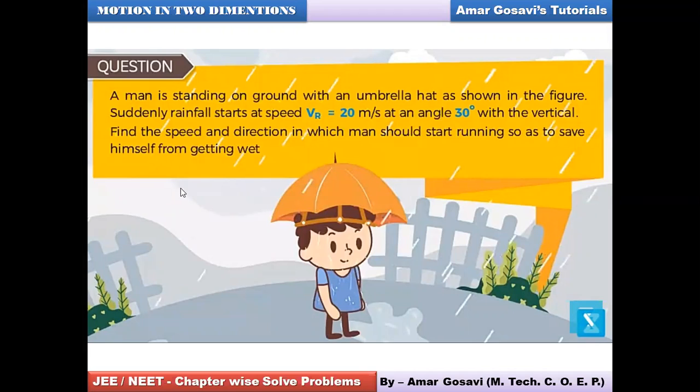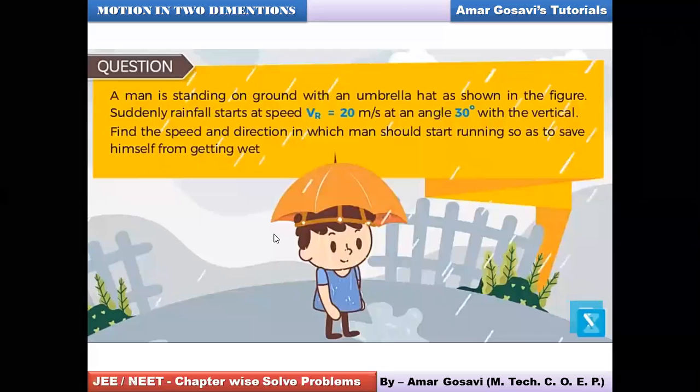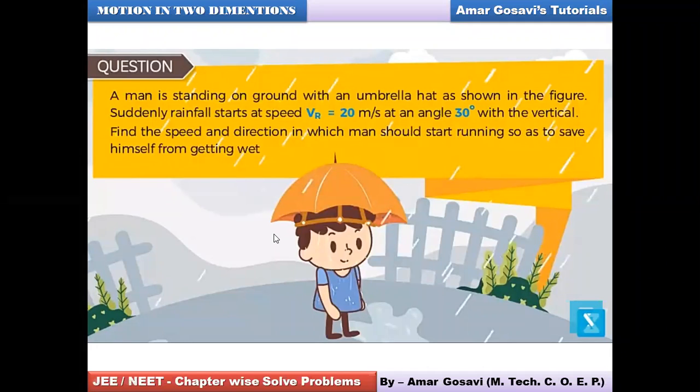So we have to work out by what speed this man moves on the ground so that the rain which was inclined becomes vertical for him. Because with that relative speed, if the raindrops become vertical for him, then he would be saved from getting wet. So in a way, you are supposed to find the speed of the man in such a way that you counter the angle of inclination of the rain.